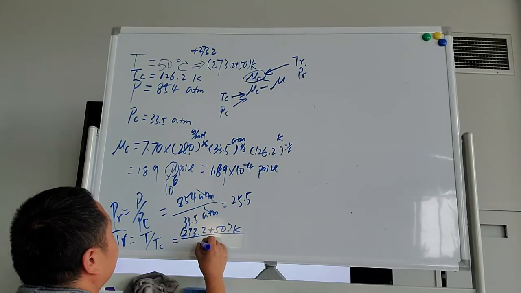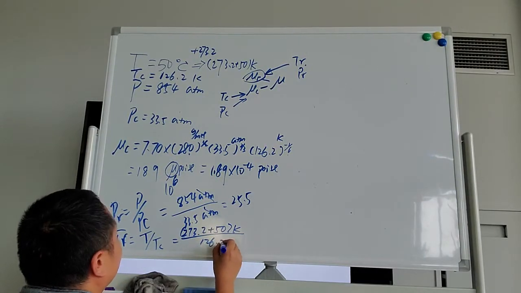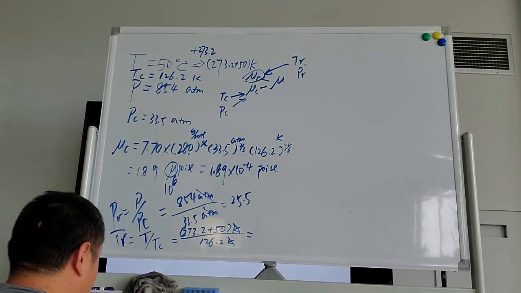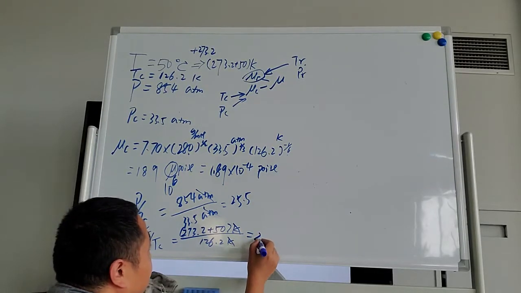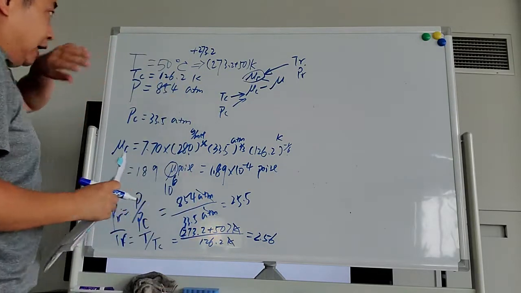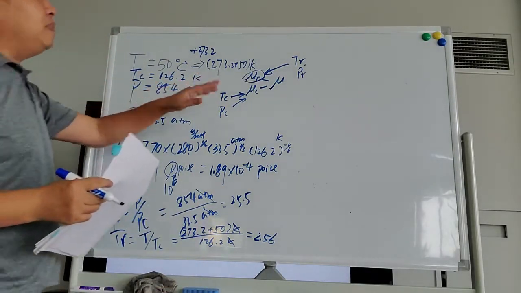Divided by TC, which is 126.2 Kelvin. You see K cancelled. So we get 2.56. Okay.